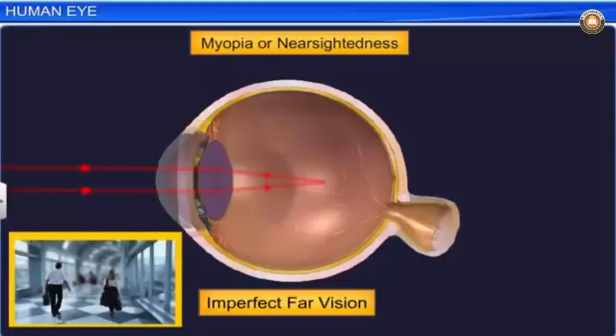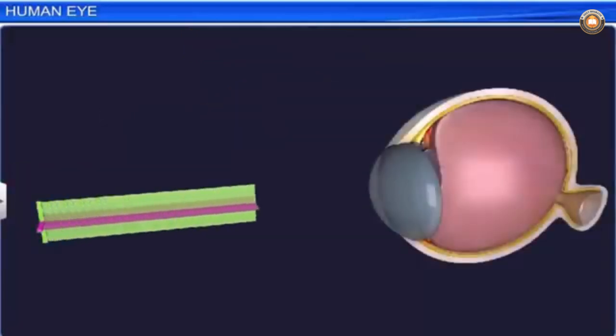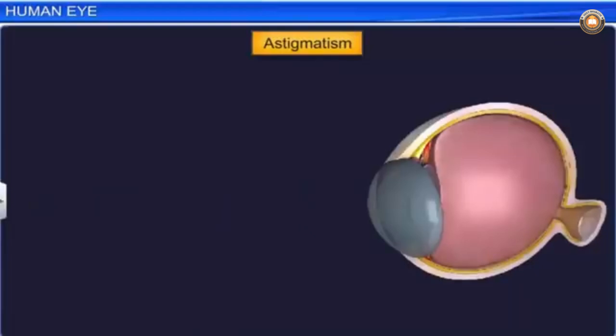A defect of vision caused when the cornea is not spherical in shape is called astigmatism. Because of the non-spherical cornea, the eye lens will have different curvatures in different planes. Light in one plane is focused properly on the retina, and objects in that plane are visible clearly.